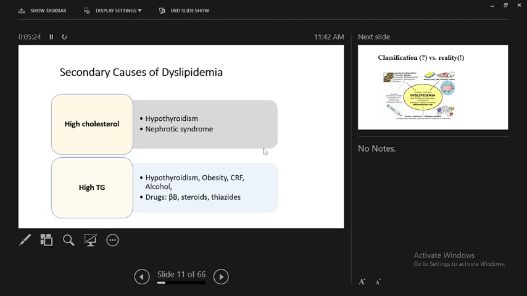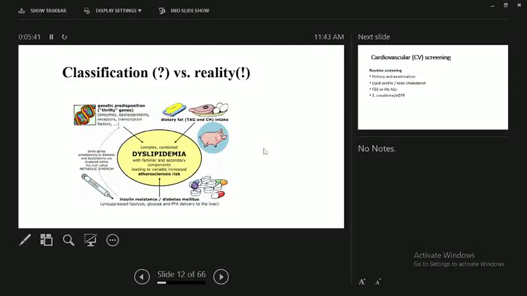I'm not going to discuss this in detail. Among the secondary causes, hypothyroidism and nephrotic syndrome cause high cholesterol. For triglycerides, the causes are again hypothyroidism, obesity, chronic kidney disease, alcohol, and there are medications as well, including thiazides.